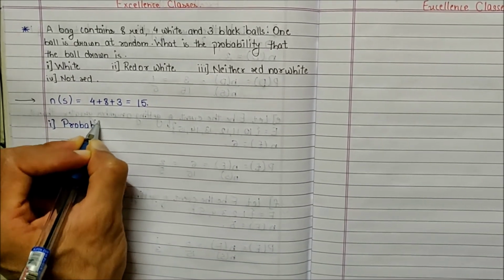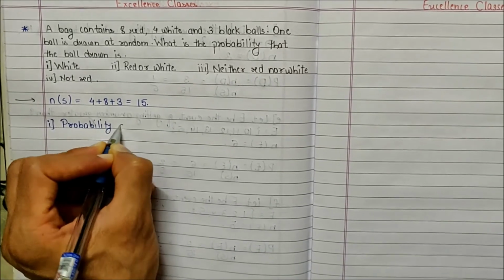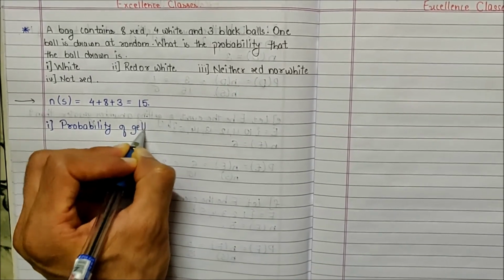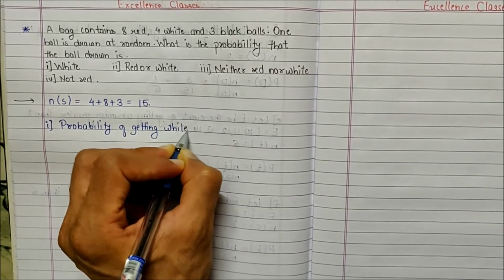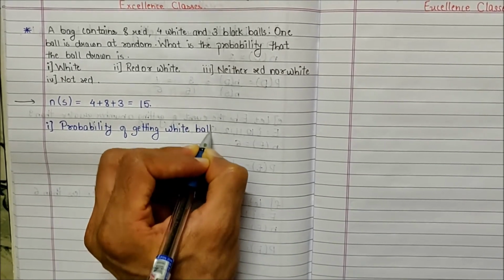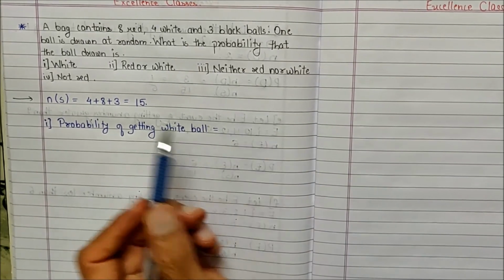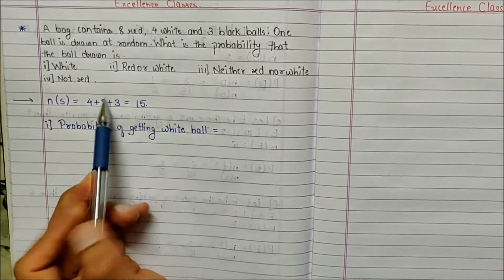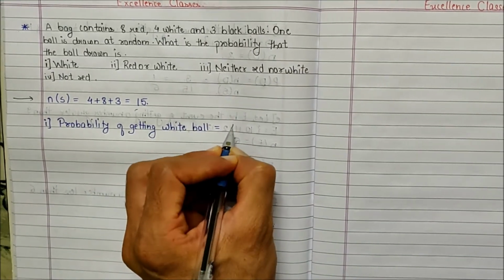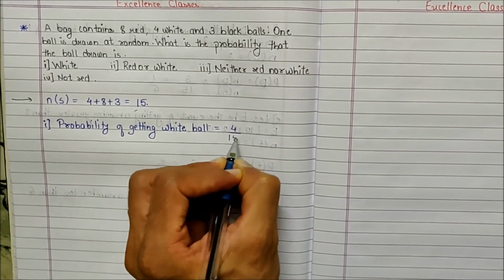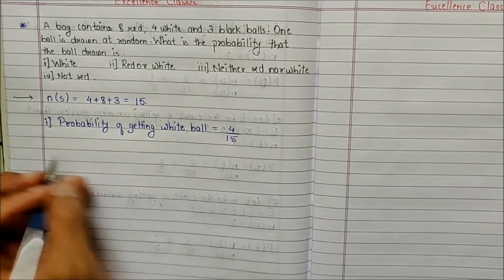Probability of getting white ball will be equal to, now number of white balls are 4 and total number of balls are 15. So probability of getting a white ball is going to be 4 upon 15.